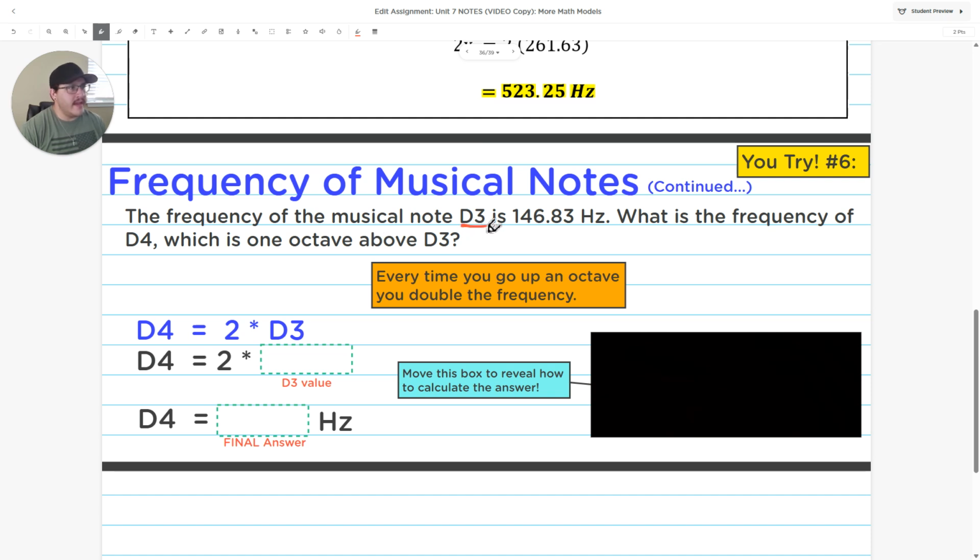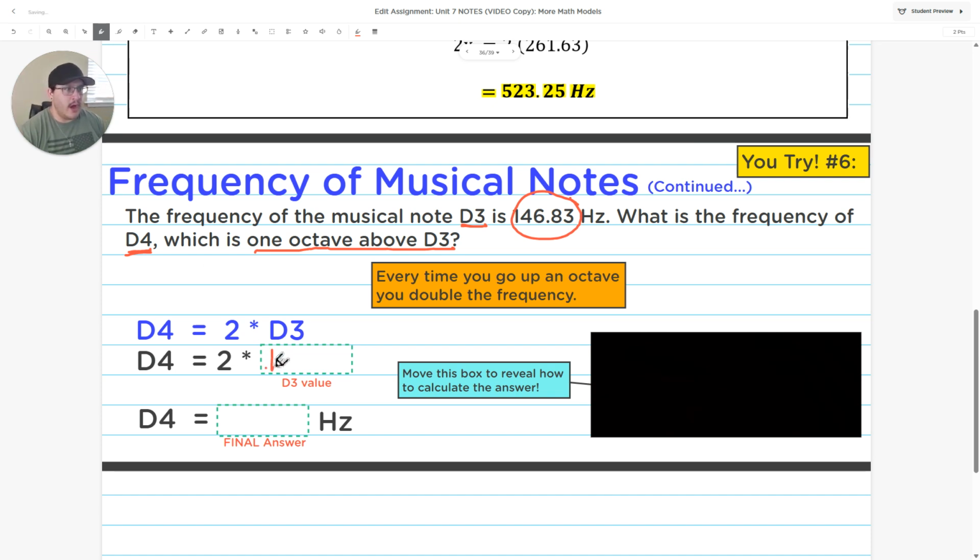The frequency of musical note D3 is 146.83 hertz. What is the frequency of D4, which is 1 octave above D3? Now, above means we're going to multiply. Okay, multiply to get to the octave above it.